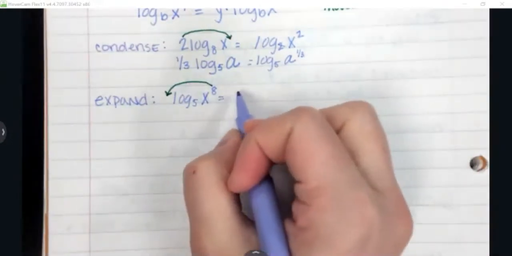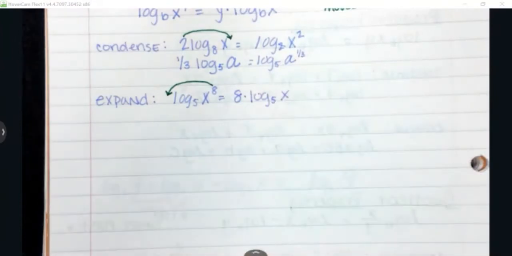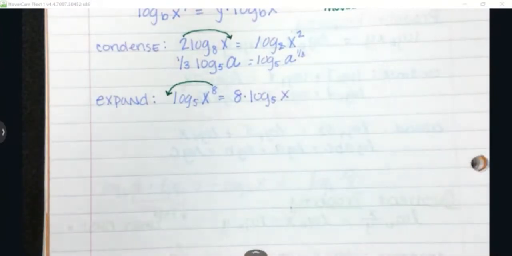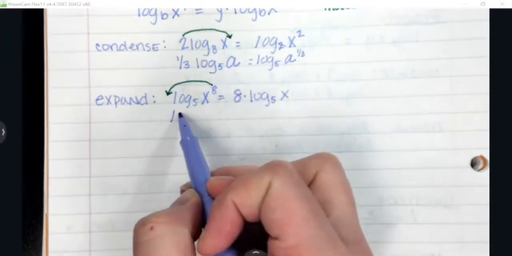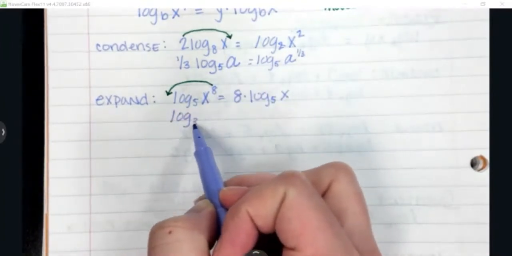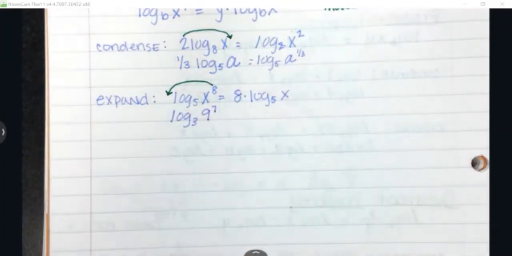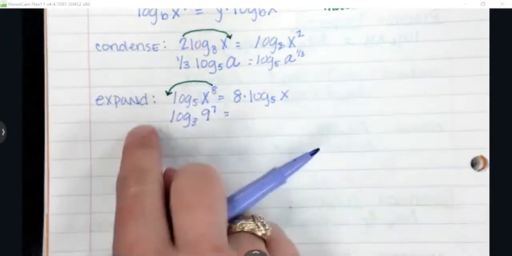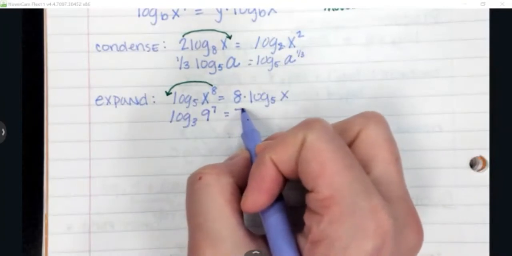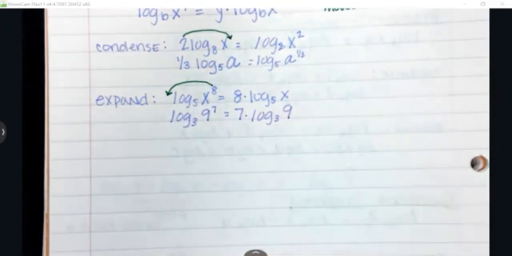So it'll say 8 log base 5 of x. Last one, log base 3, 9 to the power of 7. So my exponent of 7 will come to the front. 7 log base 3 of 9.